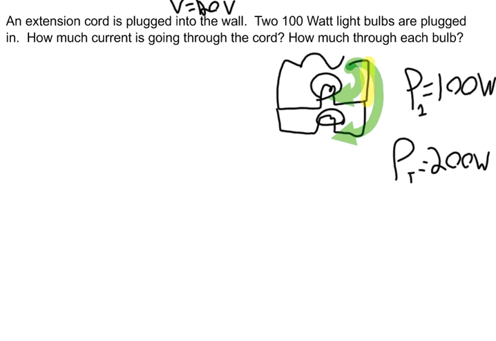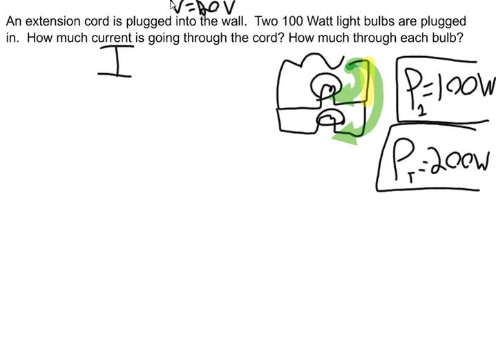And there's a few ways we can choose to answer this question in order to solve for current, which is abbreviated I. What we can do is basically just take these numbers and plug them into what we need. If we want to know the current drawn by one bulb, we're just going to use this measurement of power.